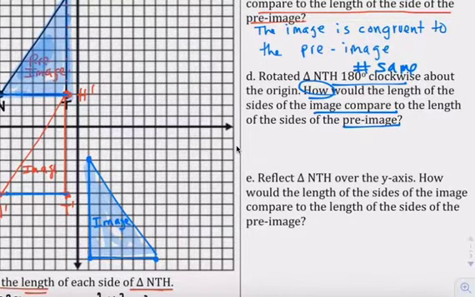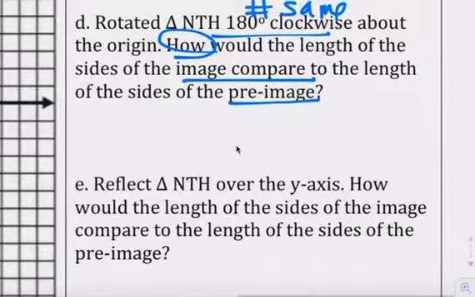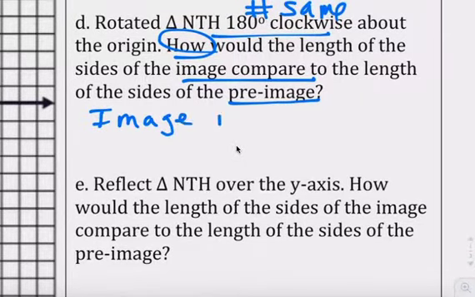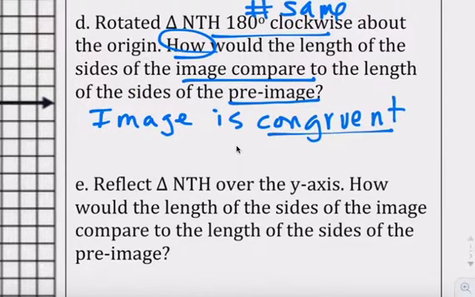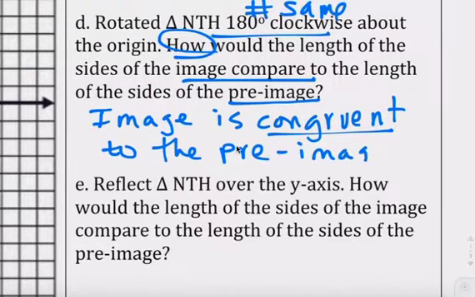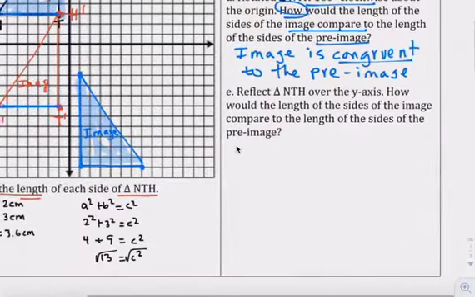Even though you rotate it 180, the image is congruent. Use the word congruent. Congruent means the exact same size and shape as the pre-image. There's no change.